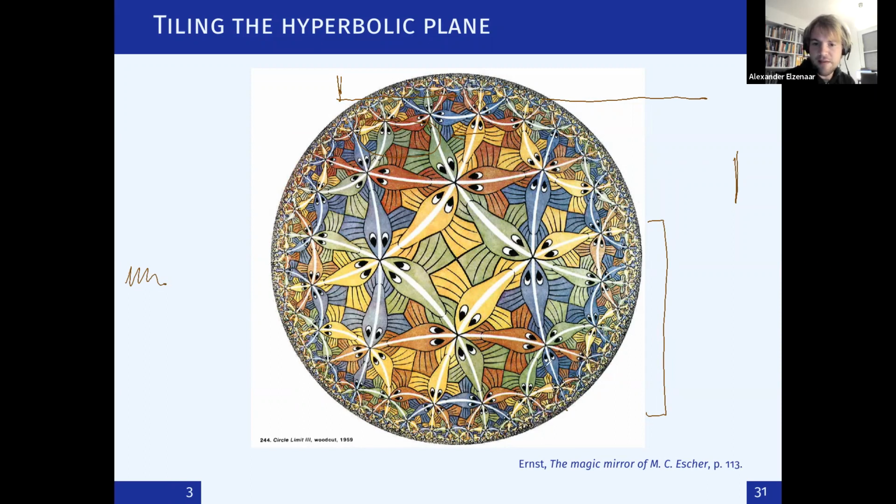These lines here are the geodesic lines in the hyperbolic plane. And this is a tiling by, so this is not a tiling in the sense that I want to consider it really, because there are two kinds of tiles. There are triangles and there are quadrilaterals, but nevertheless it's a tiling of the plane and it's got certain symmetries.